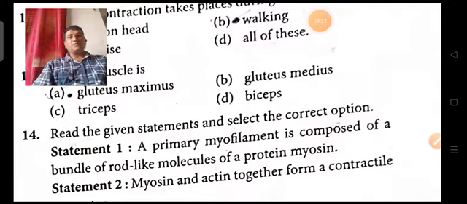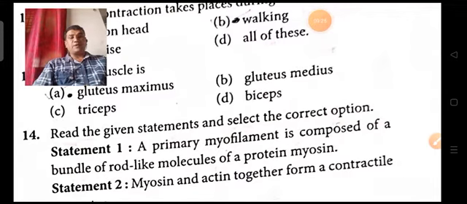The primary myofilaments consist mainly of myosin protein. As we have already discussed, in the presence of calcium and energy from ATP, actin and myosin interact, forming actomyosin, which causes contraction of muscles. So here both are supporting each other, so we can go with option A.